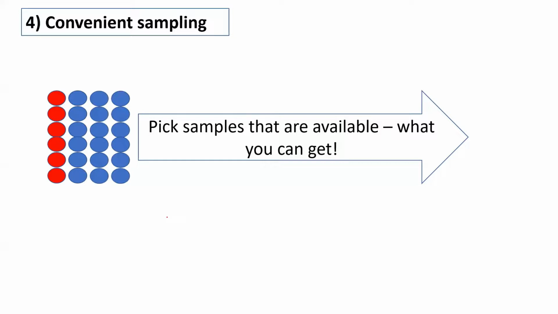So what I was saying is that a convenient sample is the one where you pick those people who are available. Okay. So you go to a shopping mall, you want to interview shoppers, you can do a sampling in the shopping mall. So what will you do?